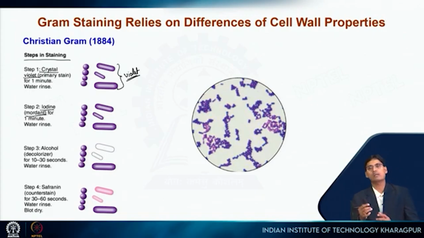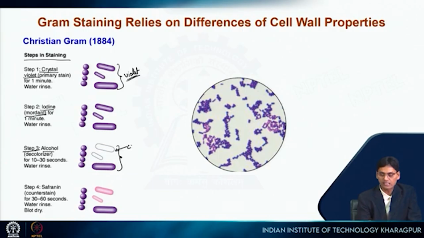It will fix the color, so the color retention will be better. And then in step 3, we wash those bacteria with alcohol for decolorization. So now some bacteria here are colorless, but these bacteria are still violet or purple in color.